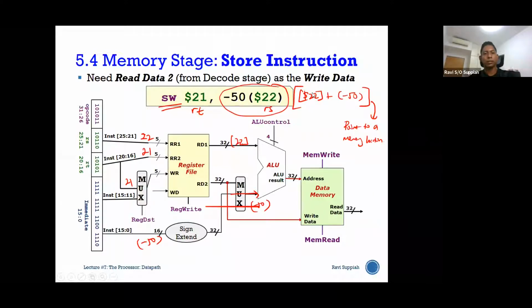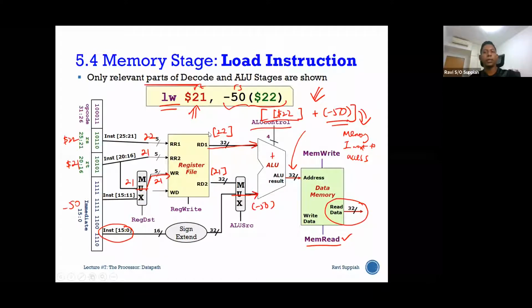So in this store word instruction, what are you doing? You are taking the content of register 21 and storing it into a memory location. So there is actually no register write involved. What is being done is a memory write. In the load word instruction, you are doing a memory read and register write.